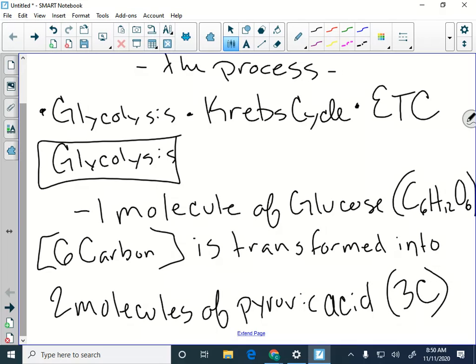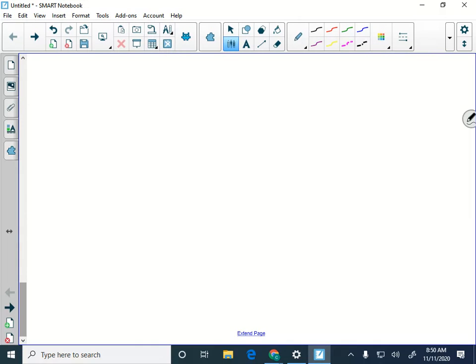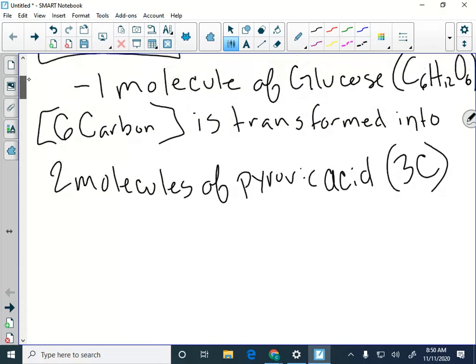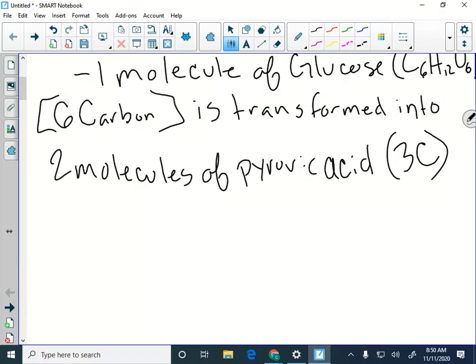So, 1 molecule of glucose is going to go into glycolysis. Glycolysis is just going to snap it in half. In order to get this process started, we need to use 2 ATP.